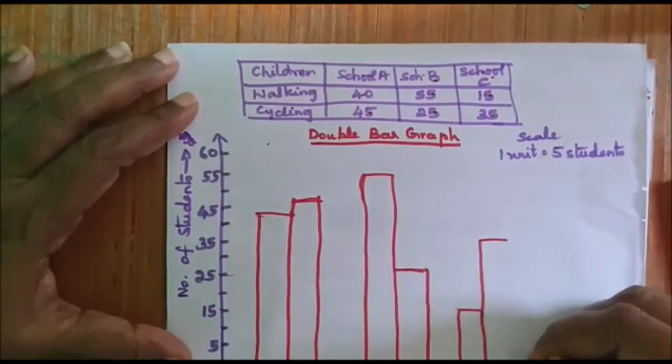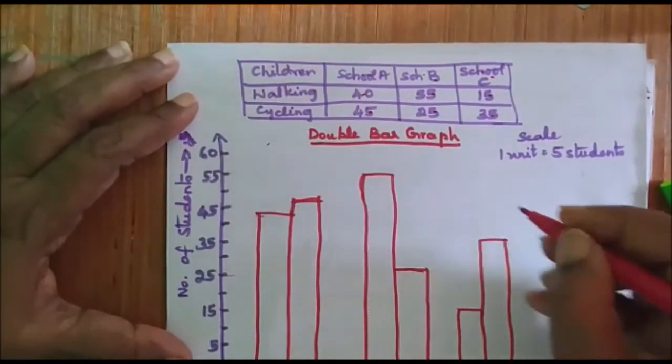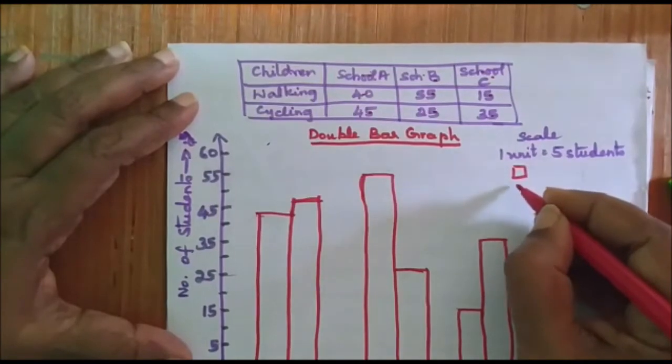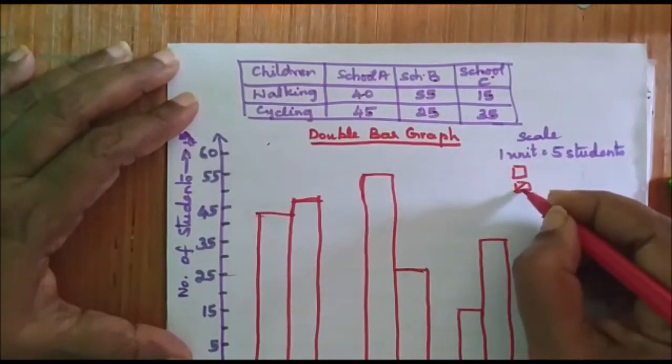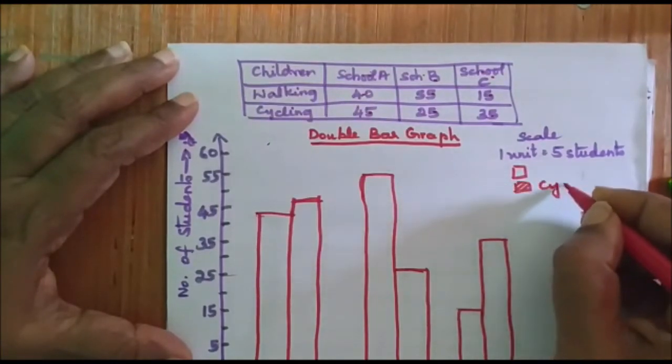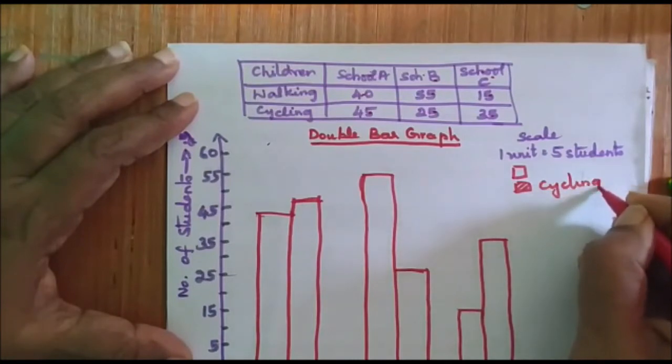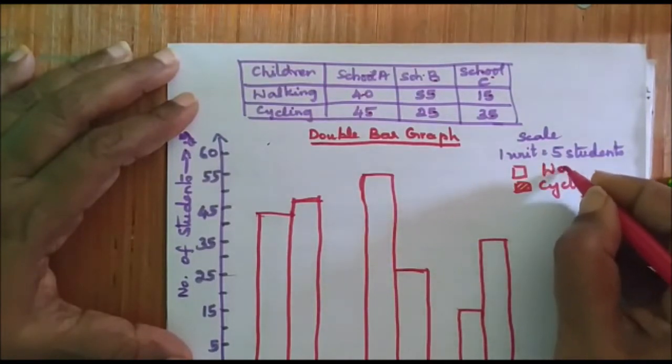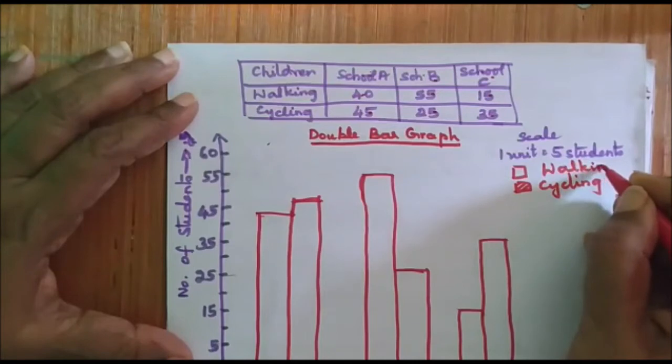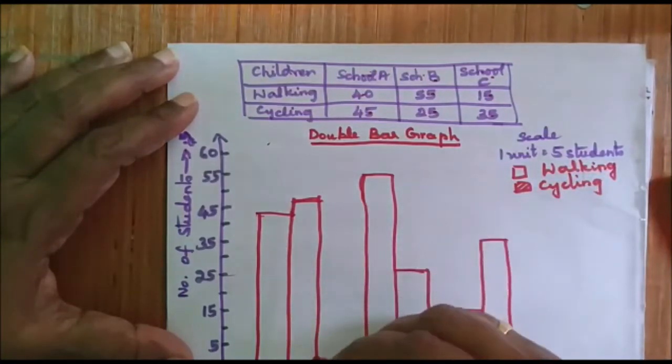Now what I can do is make this assumption, that the one which is shaded is cycling and the one that is not shaded is walking. So I shade it.